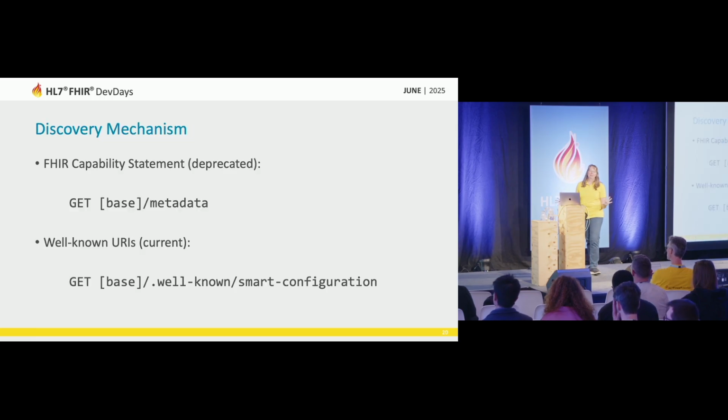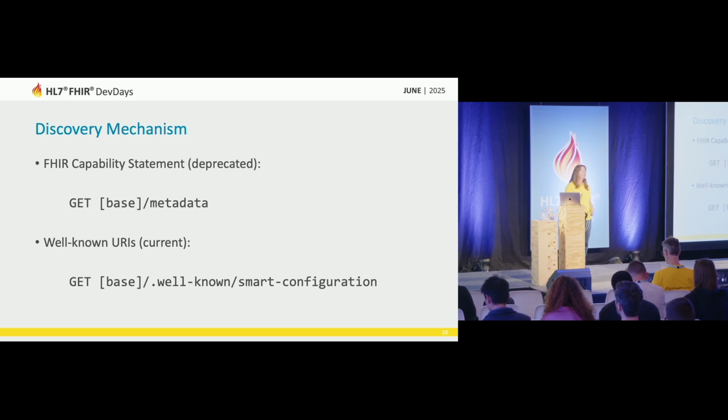So one of the steps was that the app needed to be able to discover that the server was secure and how to get to the authorization part. Where can I get that token? SMART on FHIR specifies the bottom one, and that's the current one, a GET on your endpoint, and then you ask for the well-known SMART configuration.